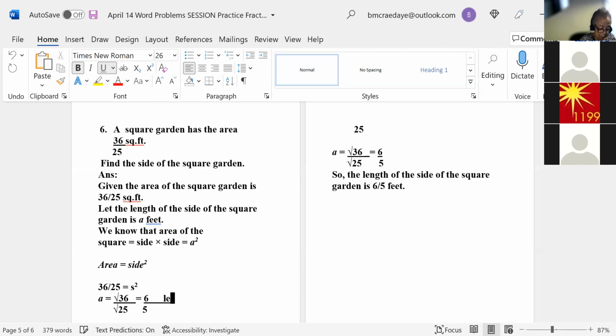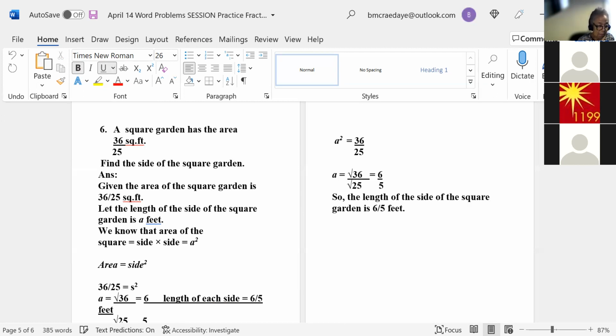Length of each side is equal to 6 over 5 feet.